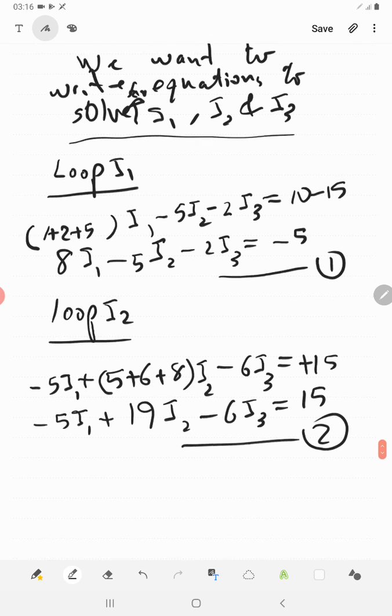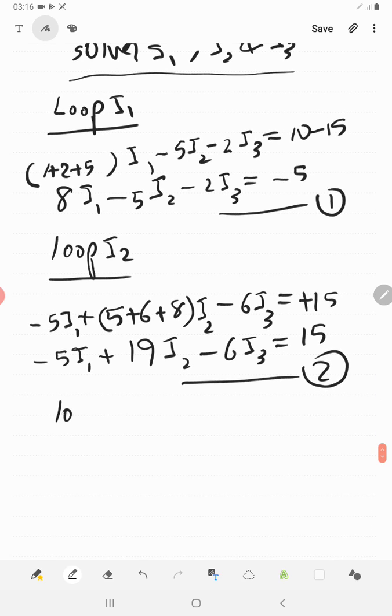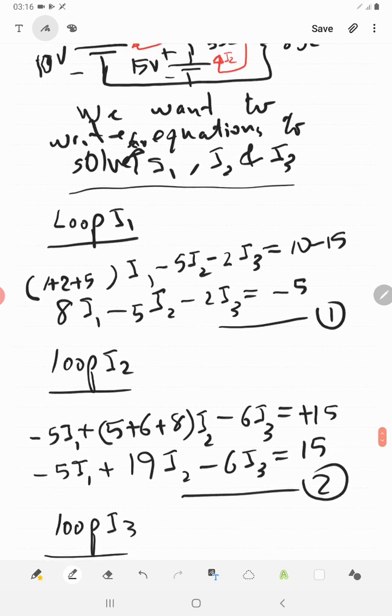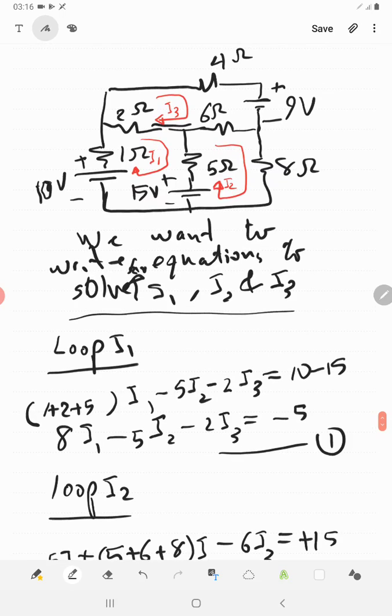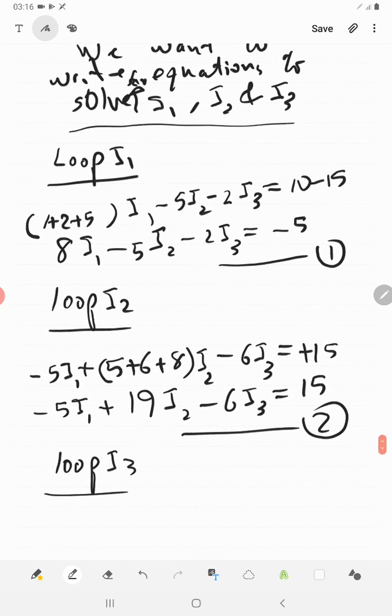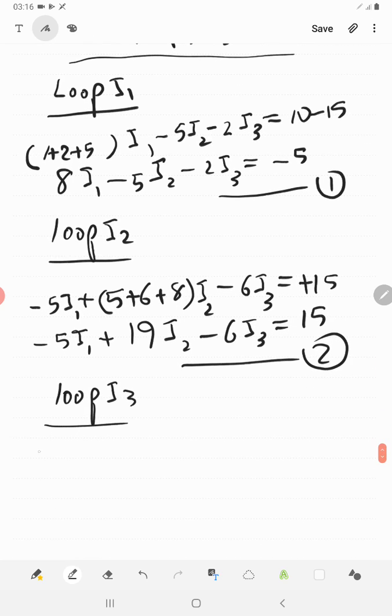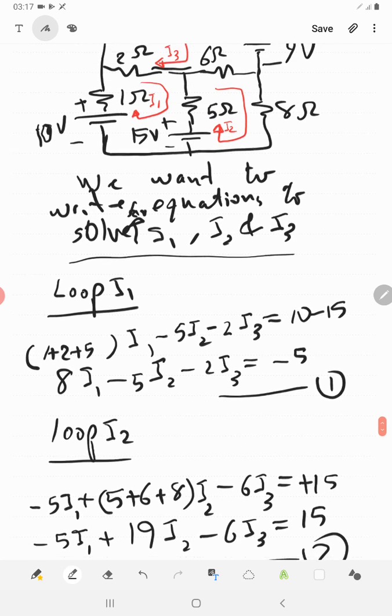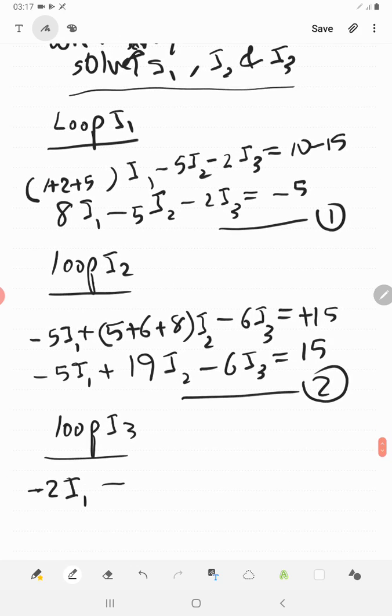Now we go to loop I3. It shares with I1 through the 2 ohm resistor, so minus 2 I1, and it shares with I2 through the 6 ohm resistor, so minus 6 I2.